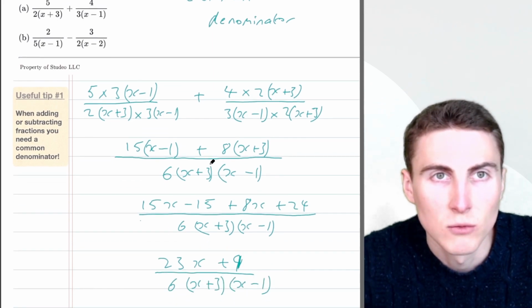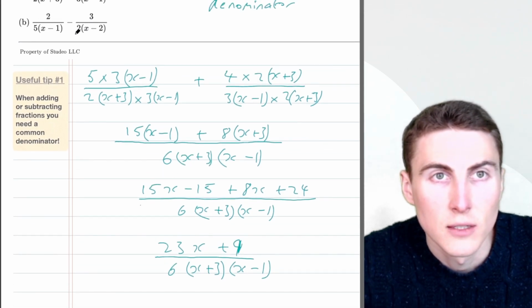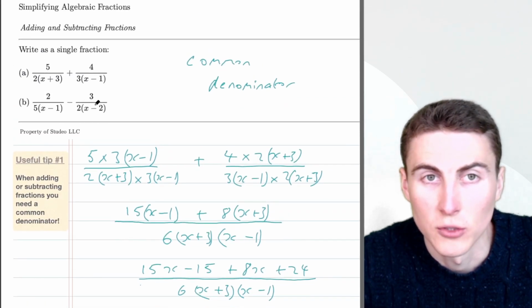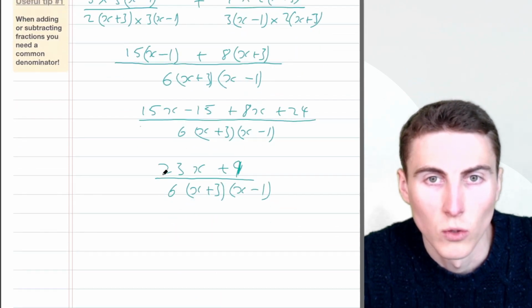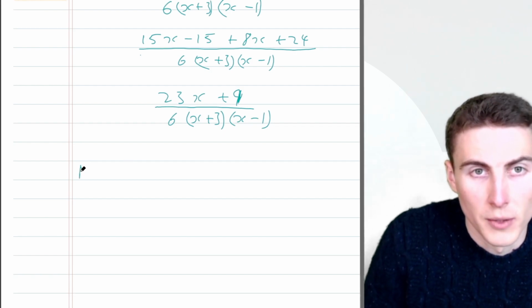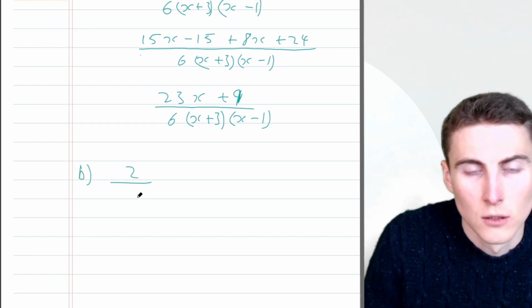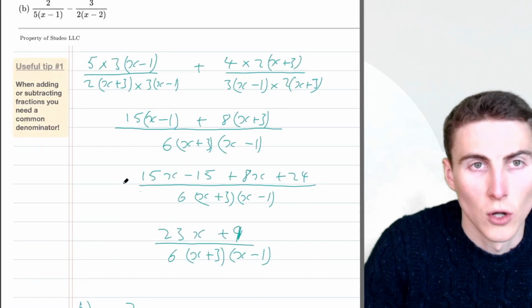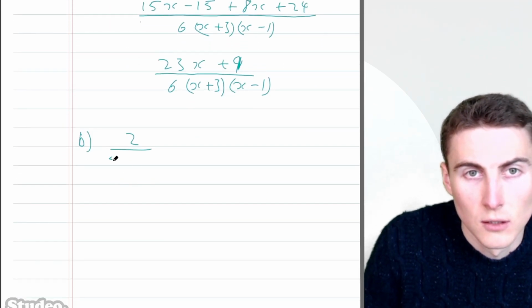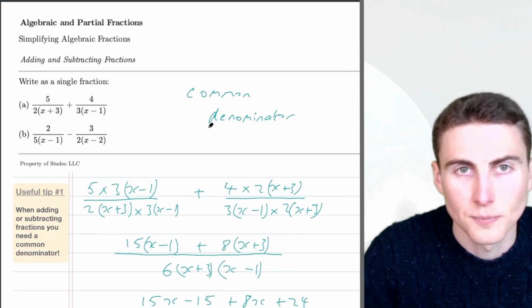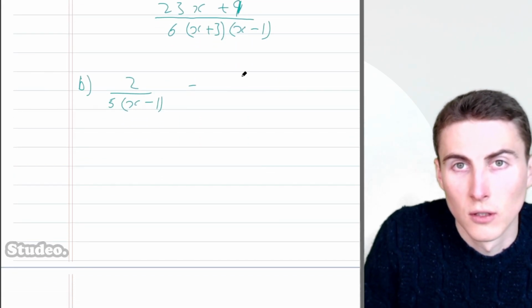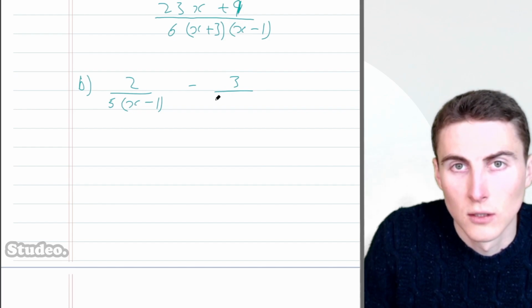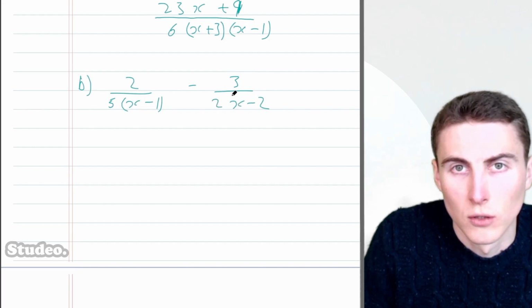Okay, so the next one we have is this one here, where we have to subtract. So we have 2 over 5 sets of x minus 1, take away 3 over 2 sets of x minus 2.